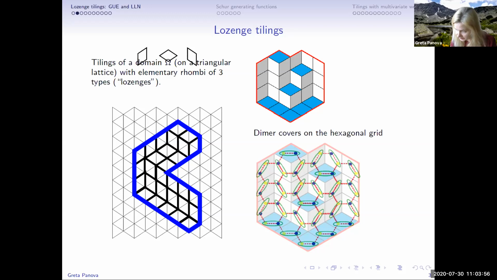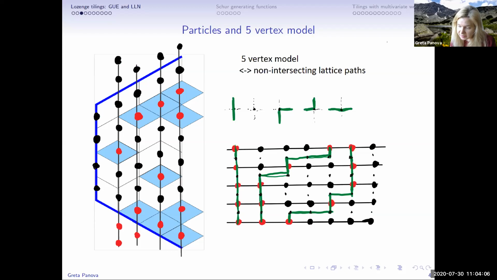So here you can imagine some molecules with such connections. And as I showed the previous time, we can also think of Lozenge tilings as non-intersecting lattice paths, but this is not actually how we are going to treat them in this talk.